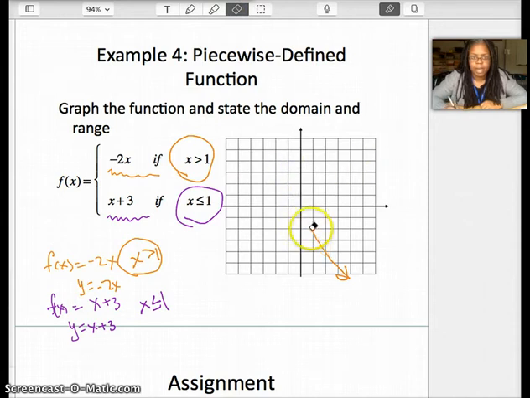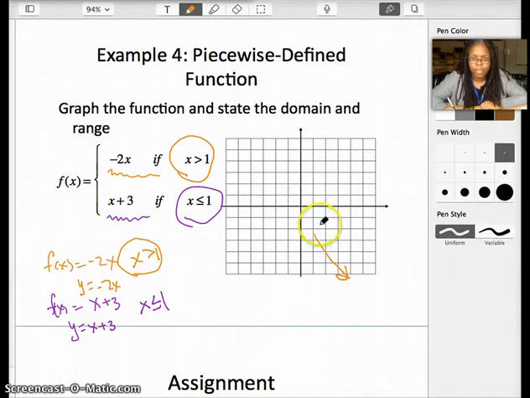I'm also going to put an open circle right here. Think about why there's an open circle here. Is this portion of the piecewise function defined at 1? No. It says as long as x is greater than 1. So I have an open circle there.